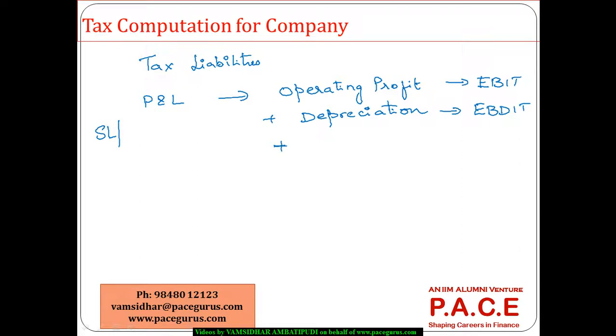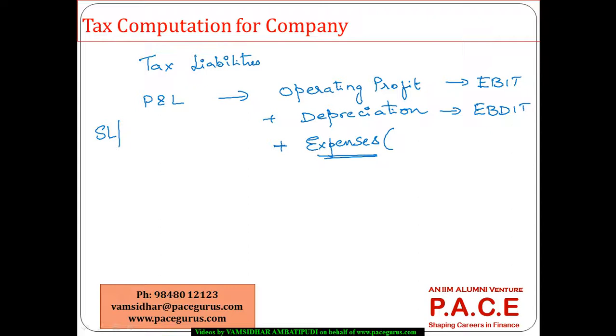any other portion of the expenses which are typically initially viewed as non-taxable, you have created it as an expense, but there is some portion of it on which tax is levied.